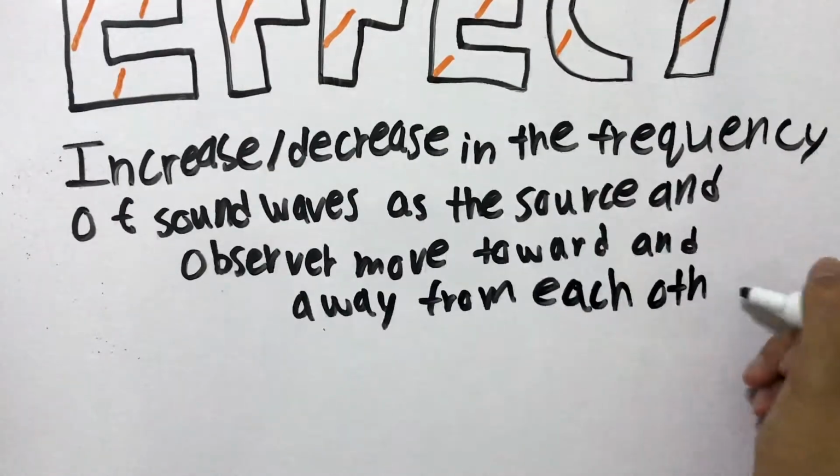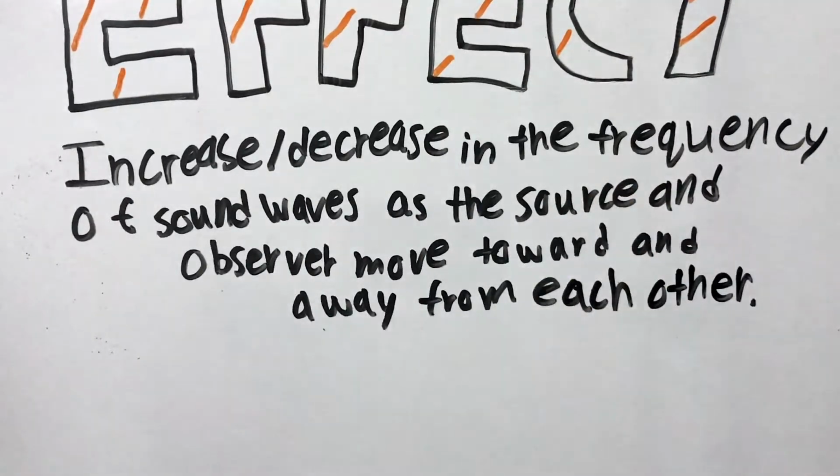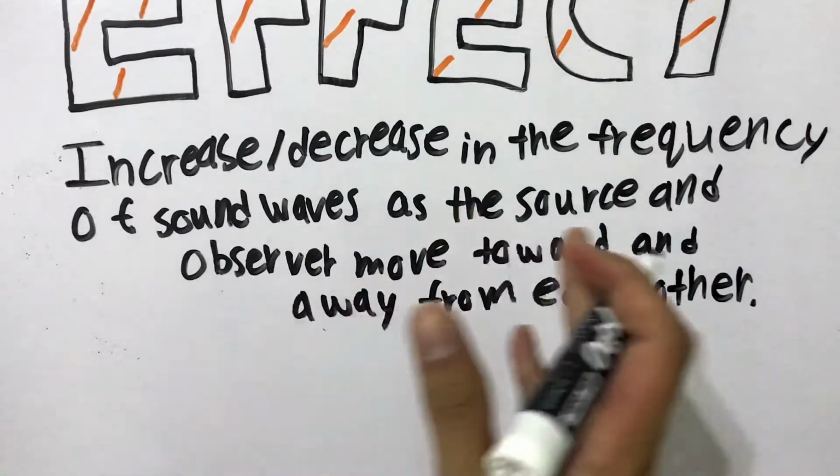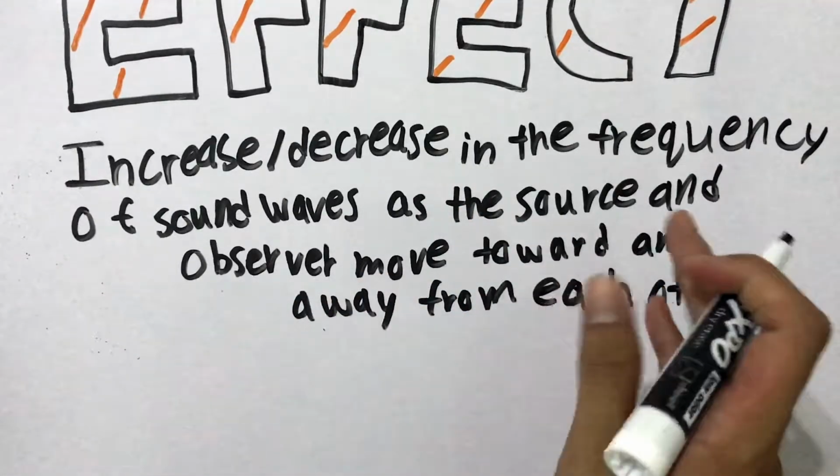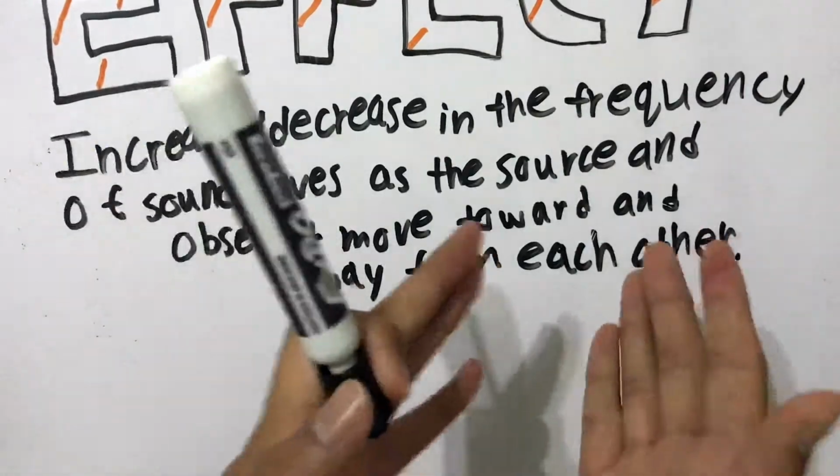So with this definition, we can see that the frequency changes due to the positions of the source and the observer.